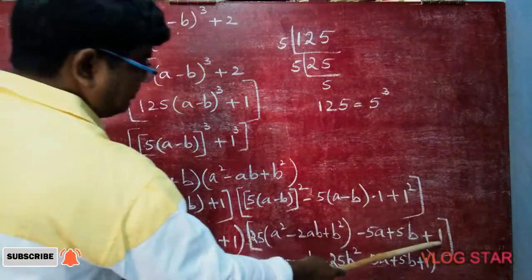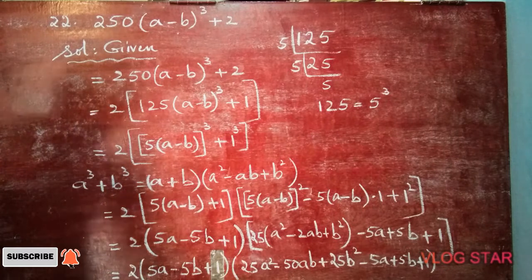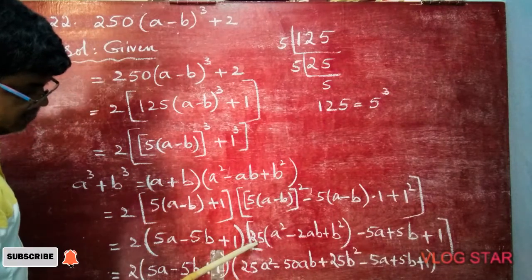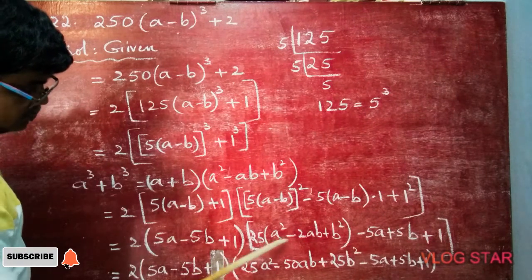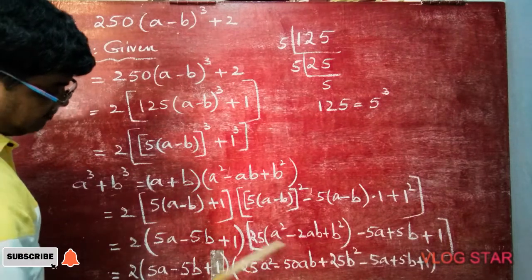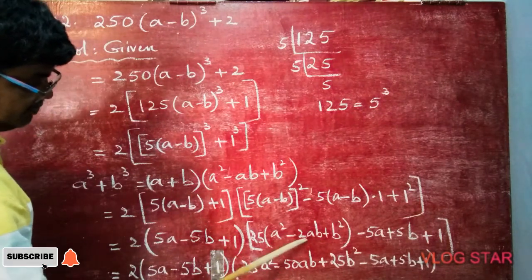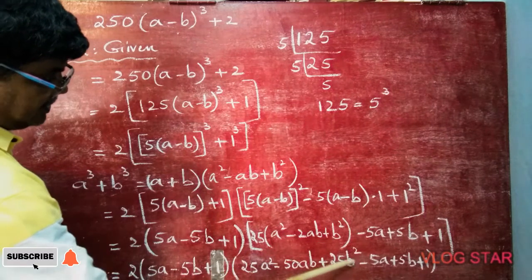Plus 1 square means 1. Now 2 into 5a minus 5b plus 1 as it is, first bracket. Coming to the second bracket, multiply with 25. 25a square plus into minus 2, 25 2s are 50, 50ab, plus into plus only, 25 b square.